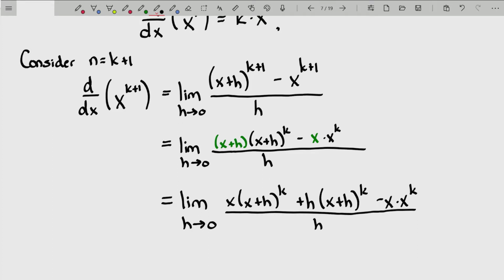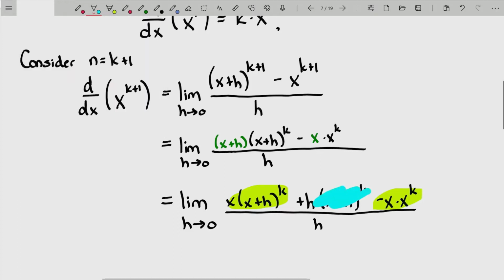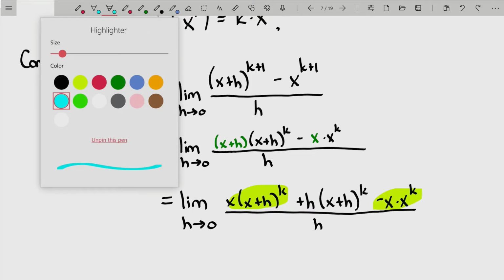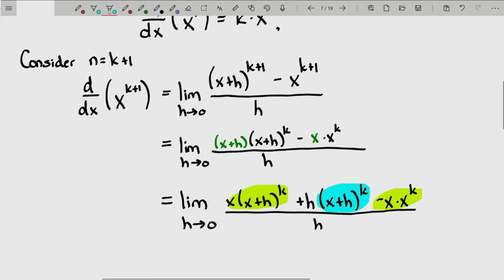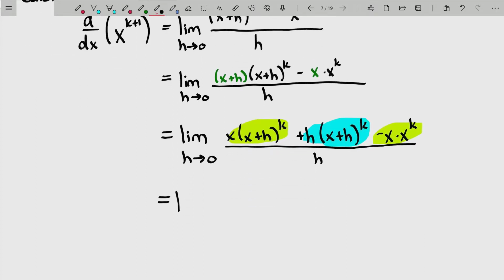Hopefully you follow that. Now I'm going to take this term and glue them together in their own fraction. And I'm going to take the remaining term, this guy right here, and put it in its own fraction. Let's see what that looks like.